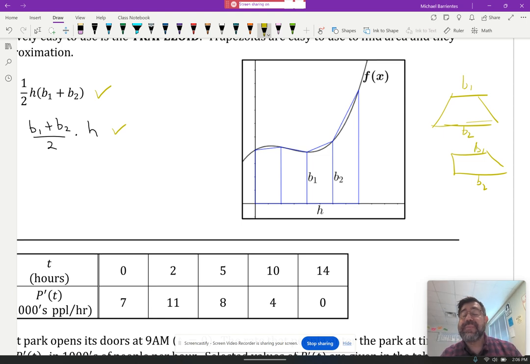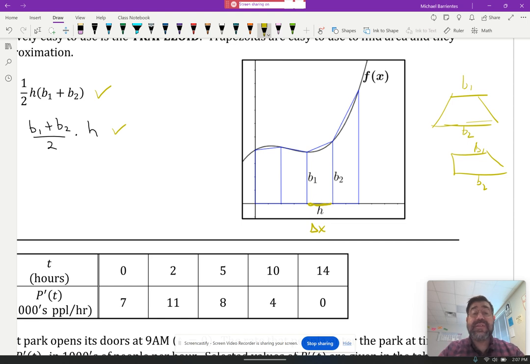If you normally think of the trapezoids this way, then when we draw the trapezoids in the graph, they're actually shifted or rotated, right? With a 90-degree rotation. And so the height is really this delta x, what we call the width of the rectangle. This would be the height of the trapezoid.